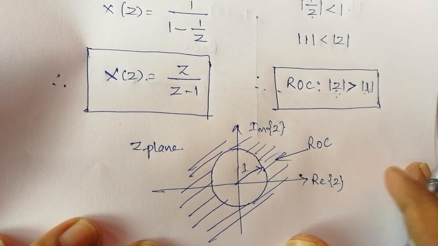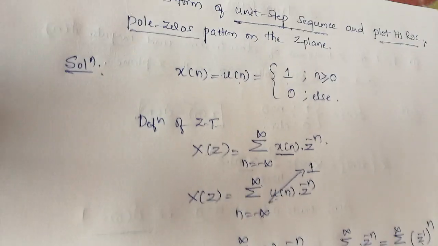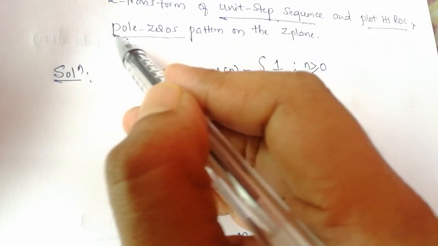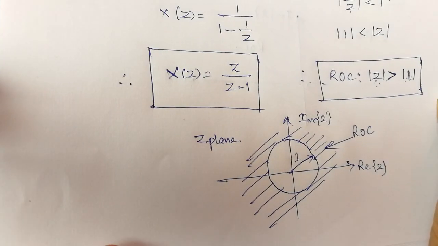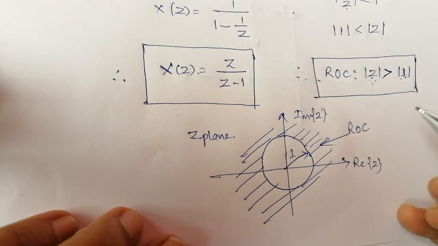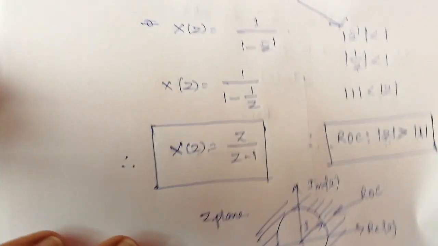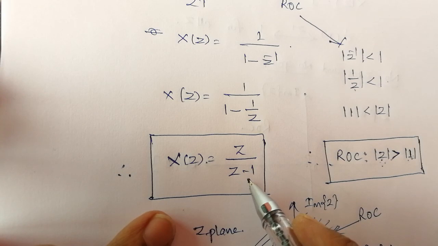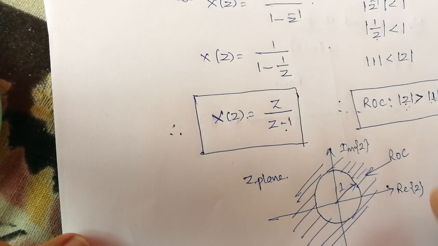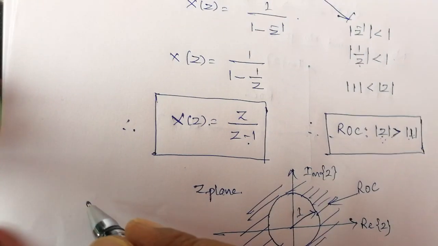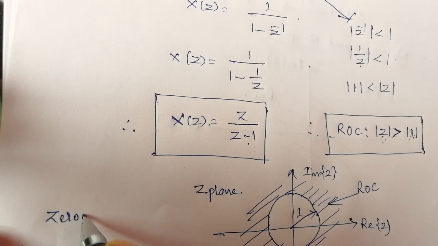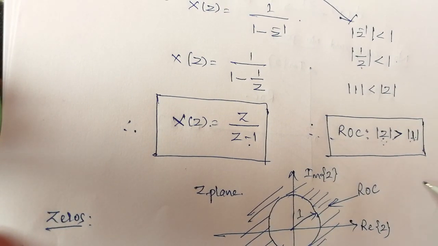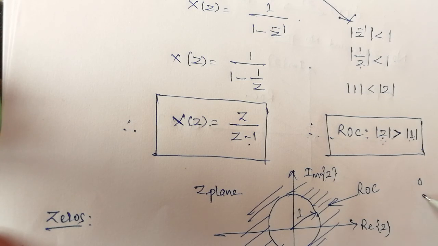Next, in the same example, one more thing: represent the pole-zero pattern on the z plane. Equating the numerator polynomial to zero gives the zeros, and equating the denominator polynomial to zero gives the poles. Zeros are represented as 0 and poles are represented as cross marks.